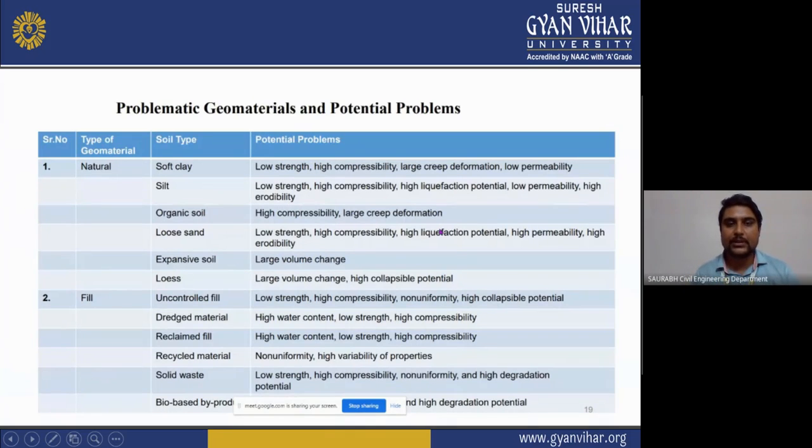What are the problematic geotechnical conditions and potential problems? First is the type of geomaterial and soil type. As you can see, what is the potential problem?